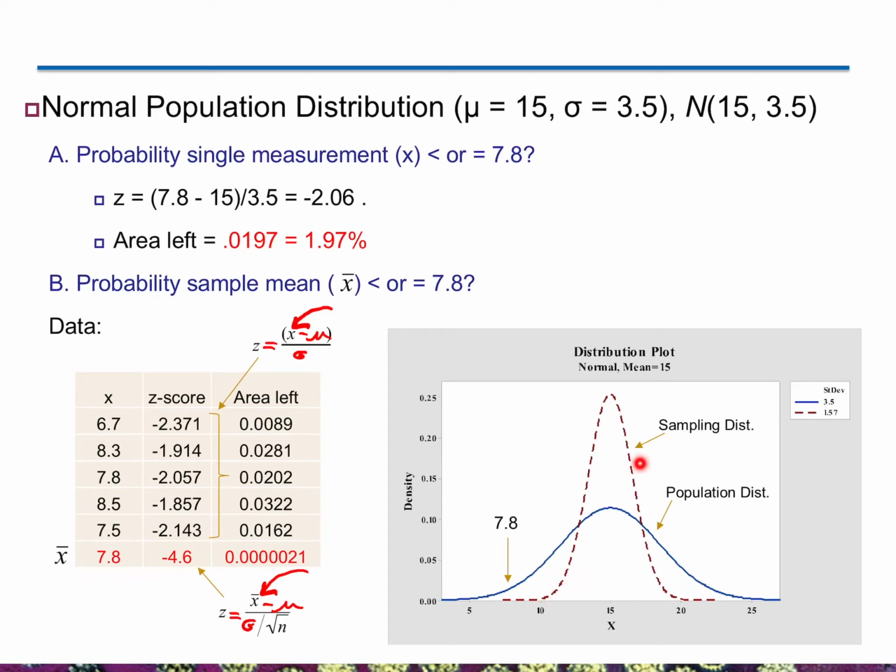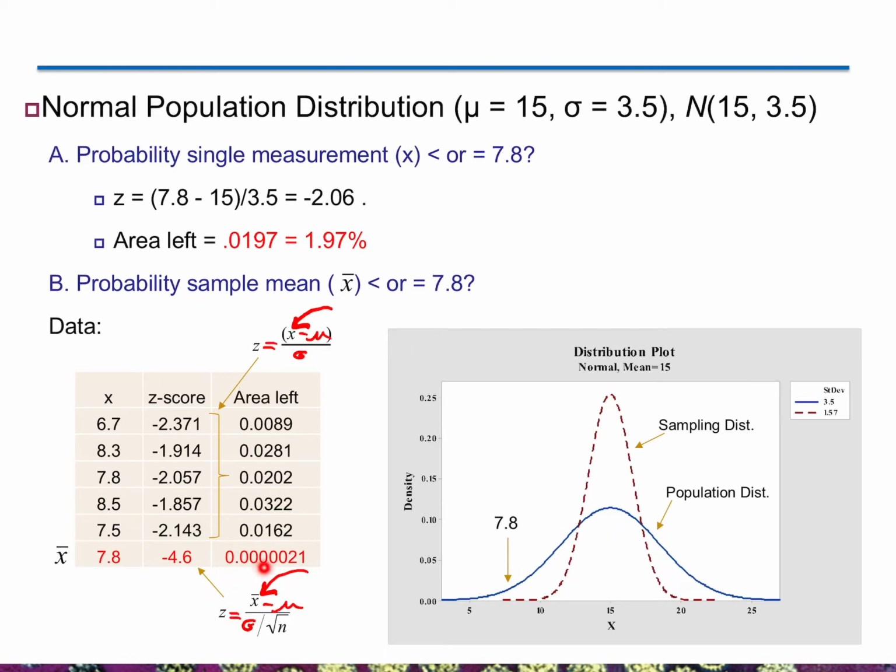Why? Now look at our sampling distribution curve. That's the red dashed line. You see it's more narrow because we have a smaller standard deviation defined this way, and where would 7.8 fall as a mean? Way over there. If you zoomed in on this, you'd see there's a little sliver of area to the left of 7.8, but not much. How much is to the left of it?